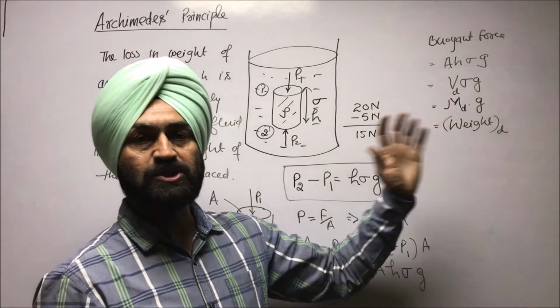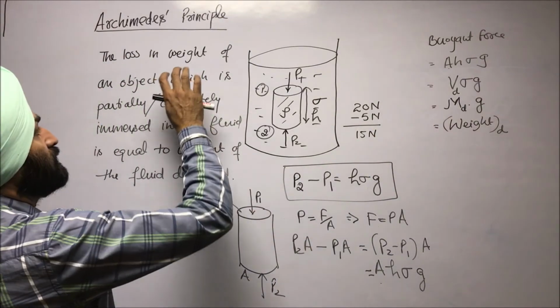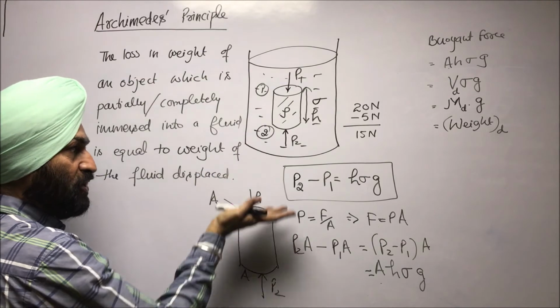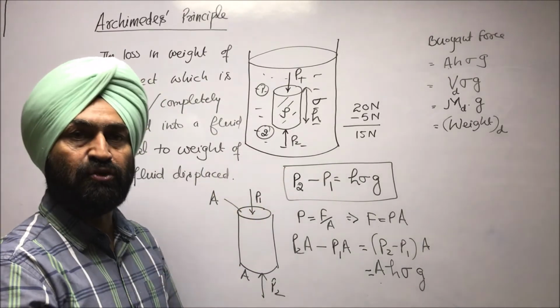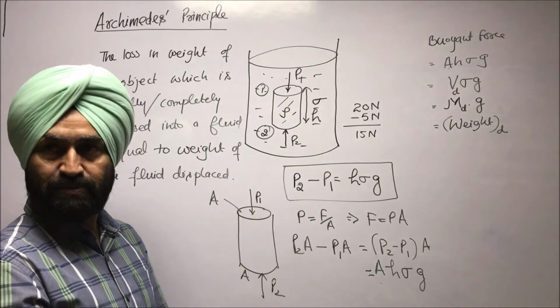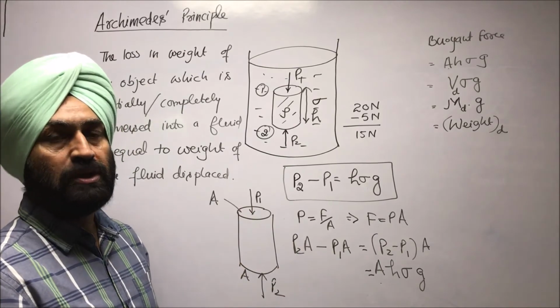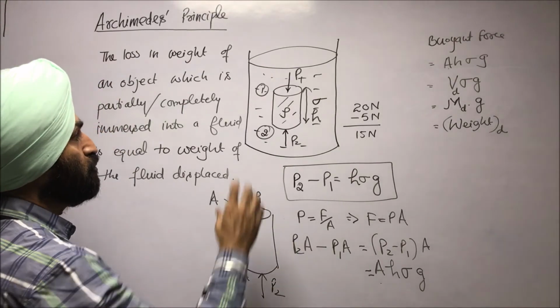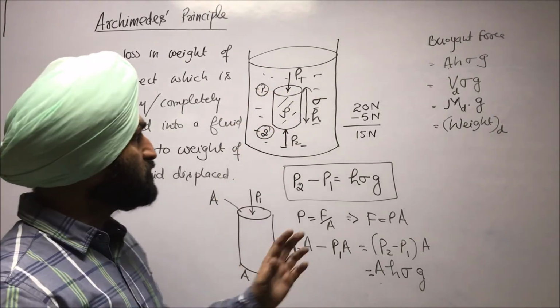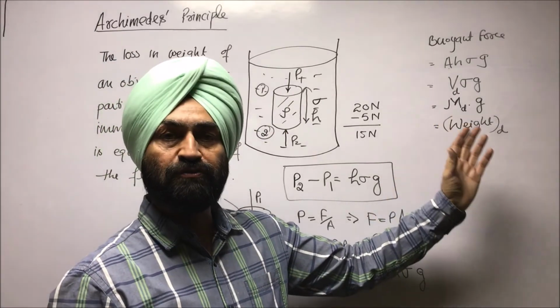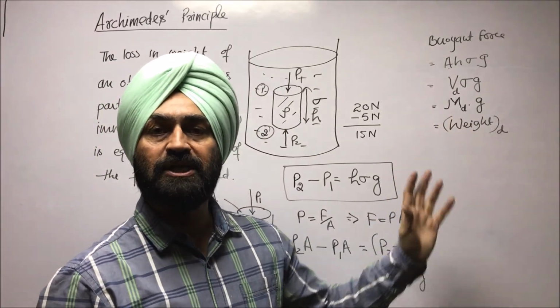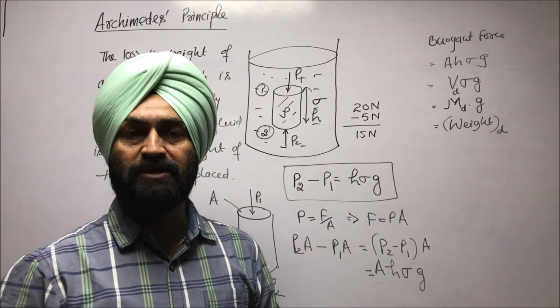So that is what we were supposed to prove, that the loss in weight, that is the upward force, that is the buoyant force which the cylinder experiences due to pressure difference, is equal to weight of the liquid displaced. That is Archimedes principle.